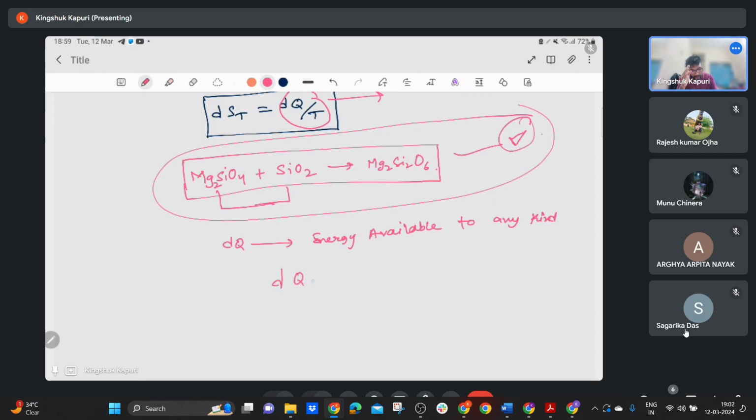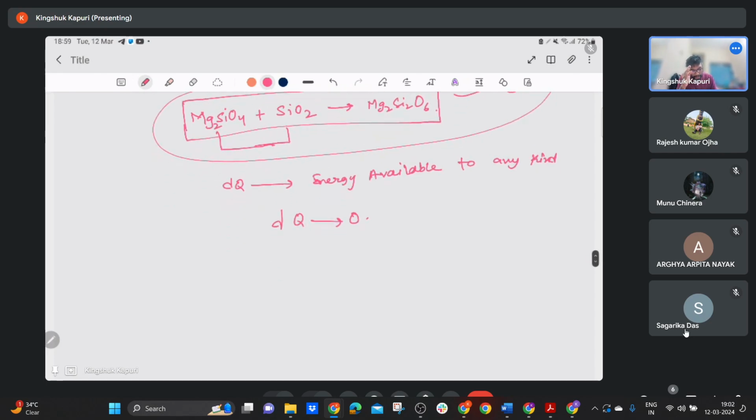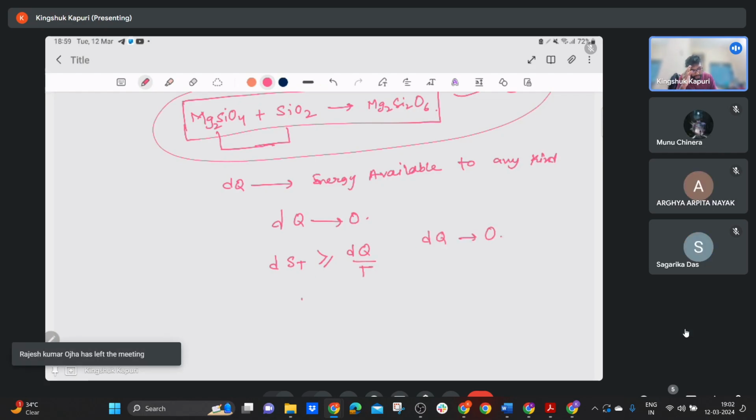So this dQ will tend to 0, and we know that dS_T is greater than or equal to dQ by T. If dQ tends to 0, it means dS_T will be greater than or equal to 0.